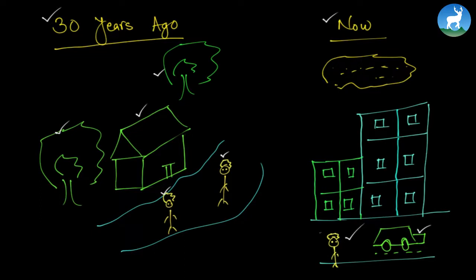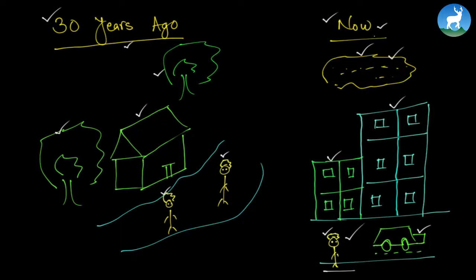Now children go to school, they don't play on the road. They need to walk by the footpath. They must walk on the footpath. Now we have big buildings, big skyscrapers, tall buildings. And it is a lot polluted now. So these are the basic differences between 30 years ago and now.